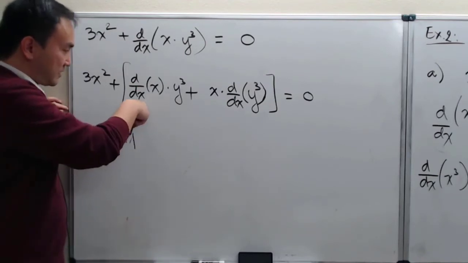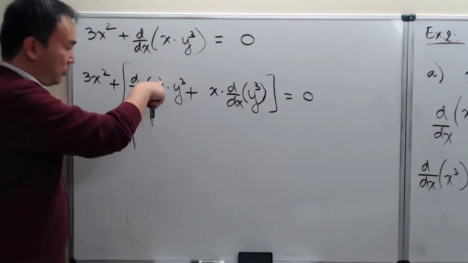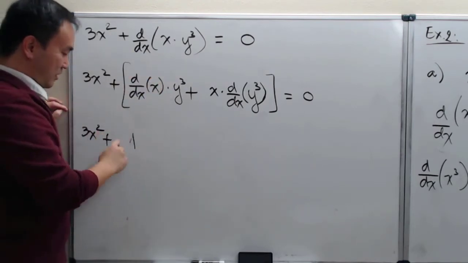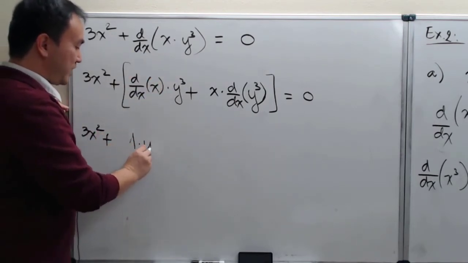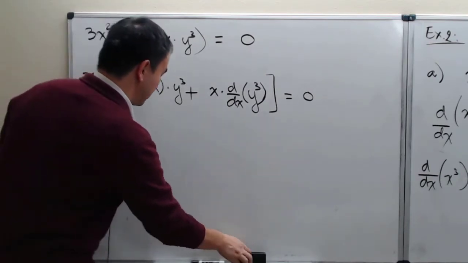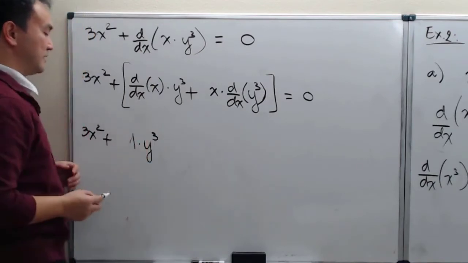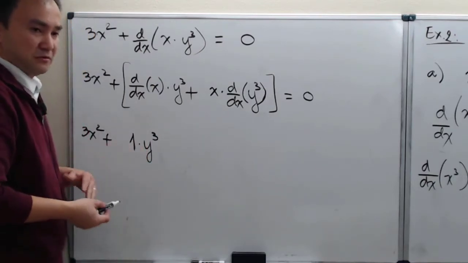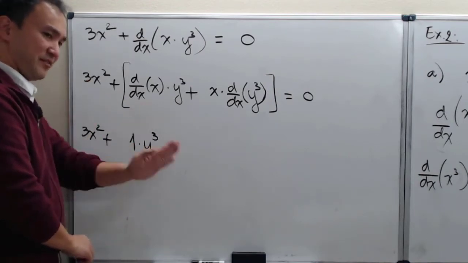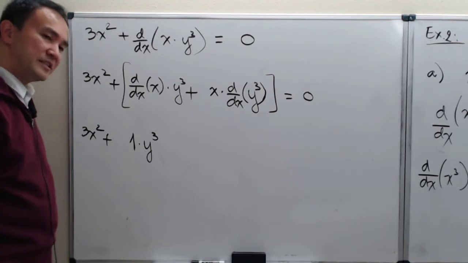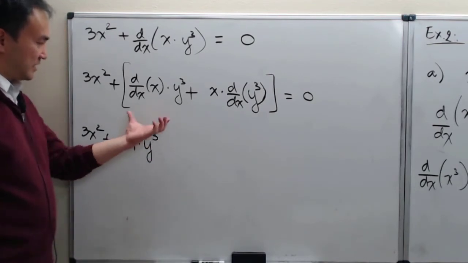The derivative in terms of x of the function x is 1: the power 1 multiplied down and the power reduced by 1. And so here it's just 1 times y cubed. Okay, I don't even have to write down that 1, but just for now I want to tear everything down into as small little pieces as possible. So that takes care of the first term.